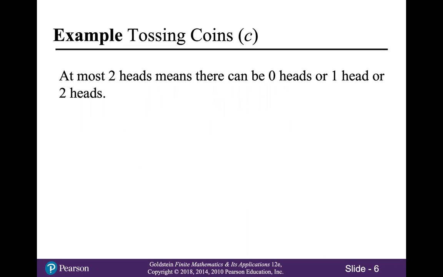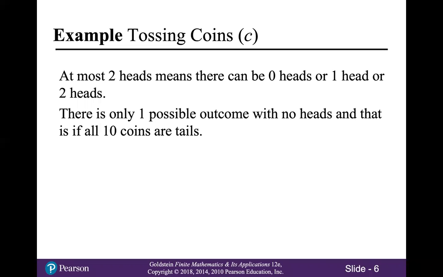All right. For letter C, at most 2 heads means there can be 0 heads or 1 head or 2 heads. So what we have to do in this case is count the number of outcomes with 0 heads, count the number of outcomes with 1 head, count the number of outcomes with 2 heads, which we've already done, and then add those numbers together.